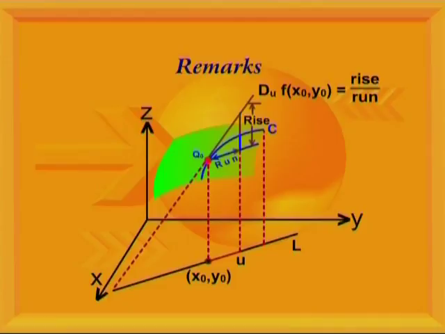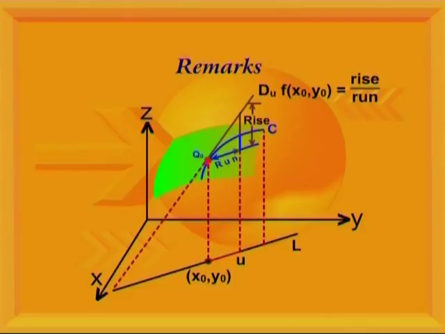So you can see in the figure here that for our partial derivative with respect to x, we have this curve where the plane y equals y0, a constant plane, intersects the surface, and for the partial derivative with respect to y we have our constant plane x equals x naught, and this plane meets the surface producing a curve.